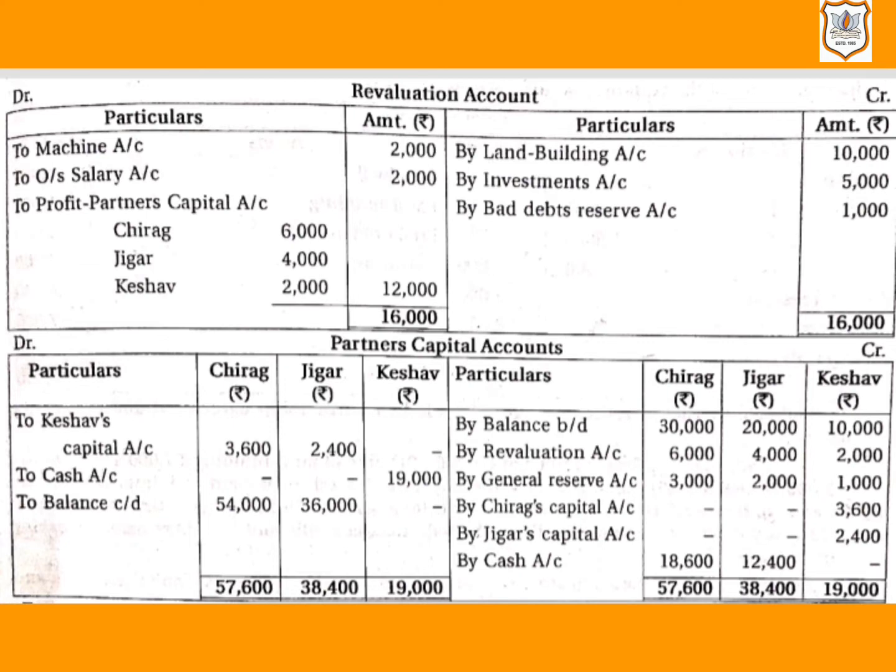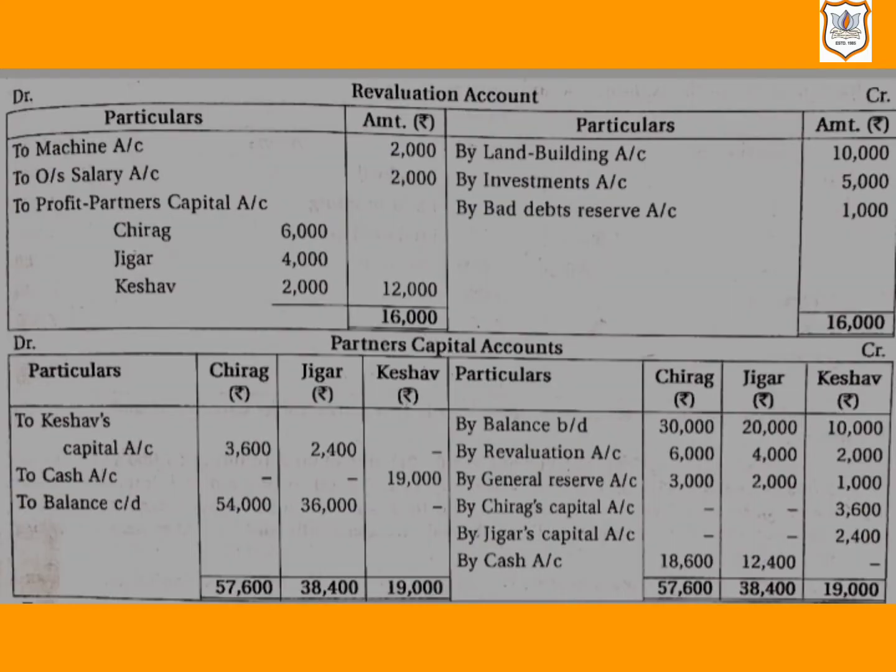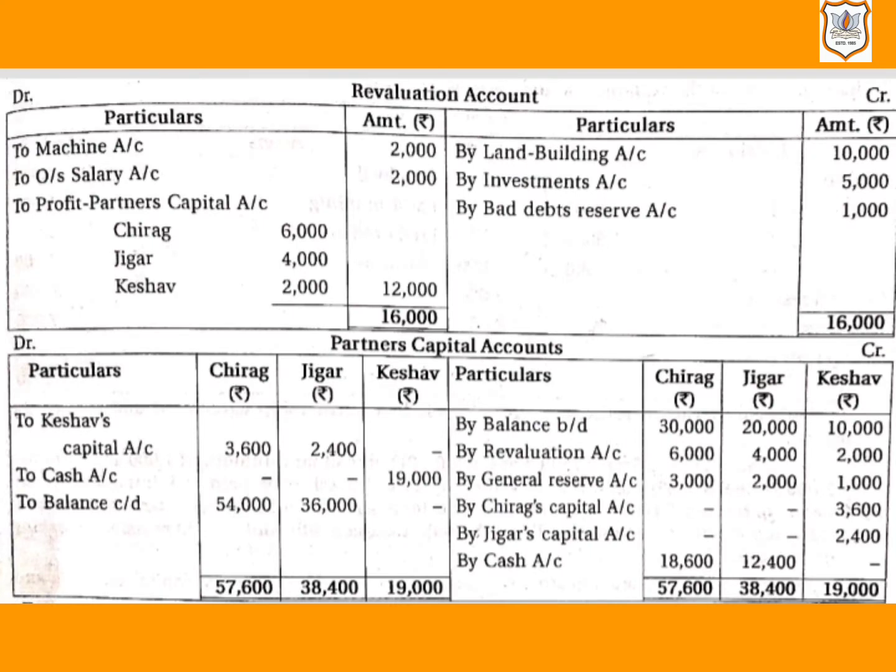Here only old profit and loss sharing ratio is given, so in that case we will consider gaining ratio as the same as their old relative profit and loss sharing ratio, which is 3:2. So according to that ratio, here Chirag will give 3,600 to retiring partner. Here it is, and Jigar will give 2,400 to retiring partner Keshav.